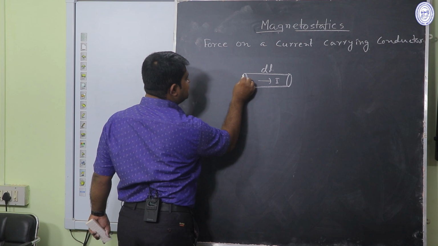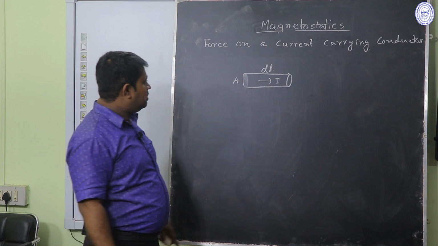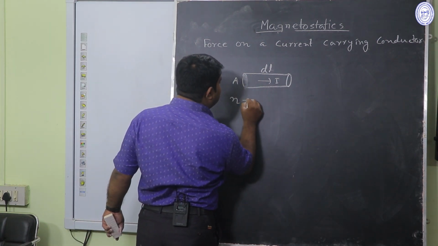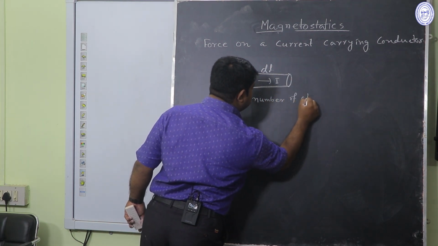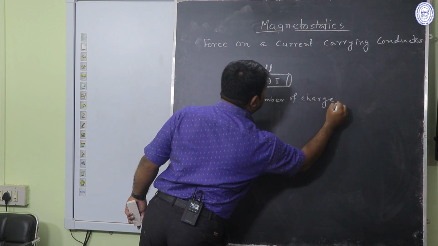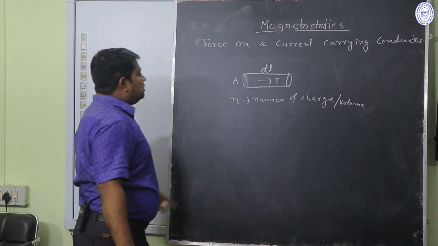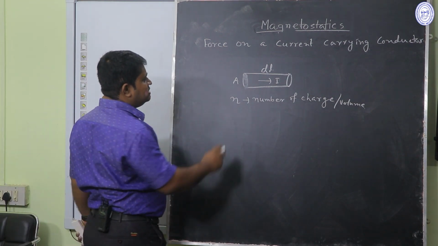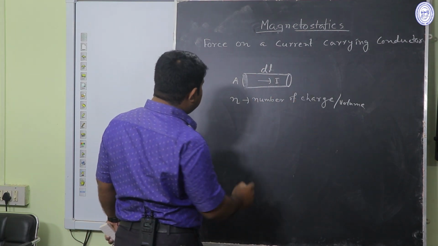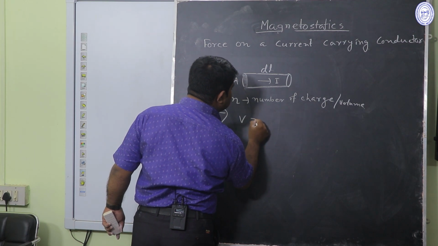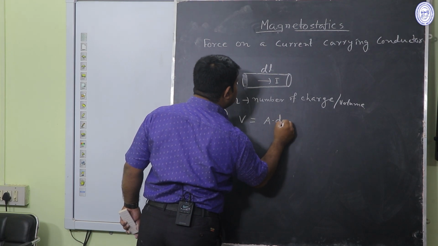Suppose A is the cross section area of the conductor. Let n be the number of charges per unit volume. So the volume of the elementary conductor is equal to cross section area into length.